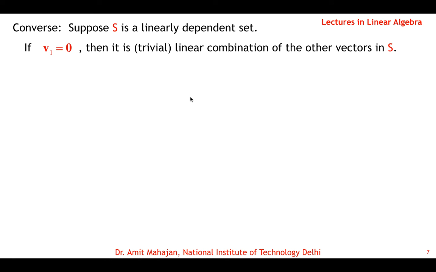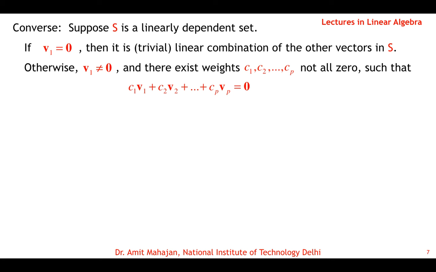Otherwise, if v1 is non-zero, then there exist weights c1, c2, ..., cp not all 0 such that this equation is satisfied, because by the definition of linearly dependent sets there exist weights not all 0 such that this homogeneous equation is satisfied.